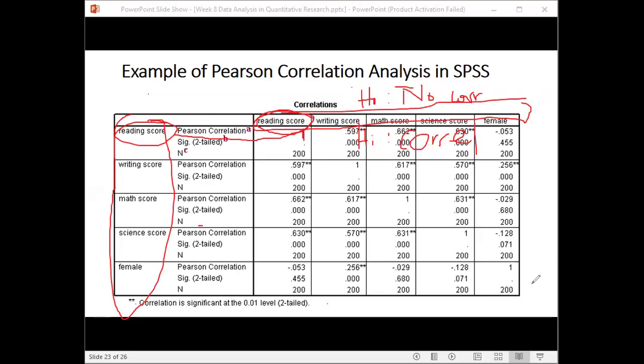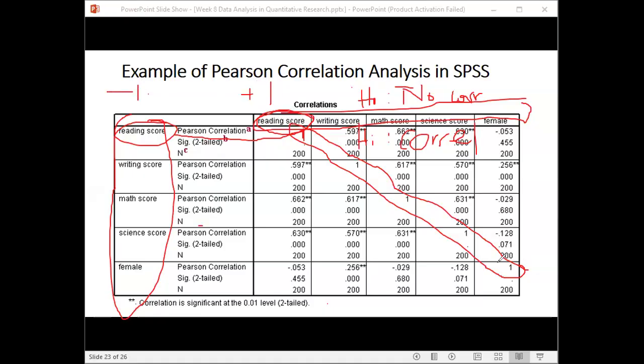You see this diagonal, they are all giving you values of 1, 1, 1, 1. It is telling you that it is the variable against itself. I want to find out the relationship it has with itself, and it has a perfect correlation. That's why the values are 1, 1, 1. So correlation coefficient ranges between -1 and +1. The 1s you are seeing are just telling you that it has a perfect correlation. It's a variable against itself.